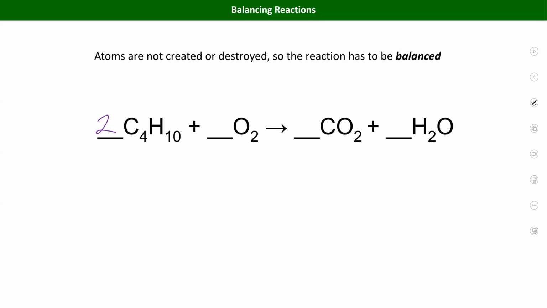Which is then going to double our carbons over here. Which is going to double this. Because now I've got a total of 20 hydrogens, so I can make 10 H2Os. Now I've got a total of 26 oxygens.